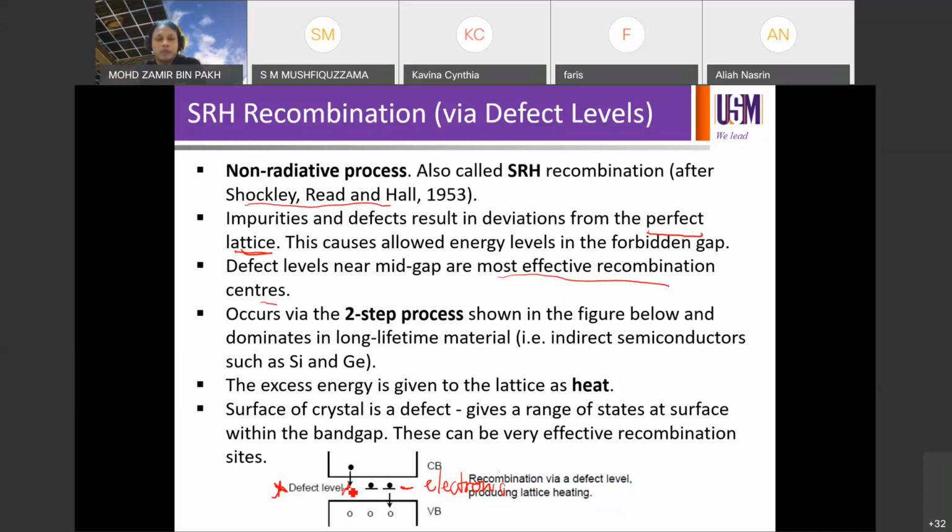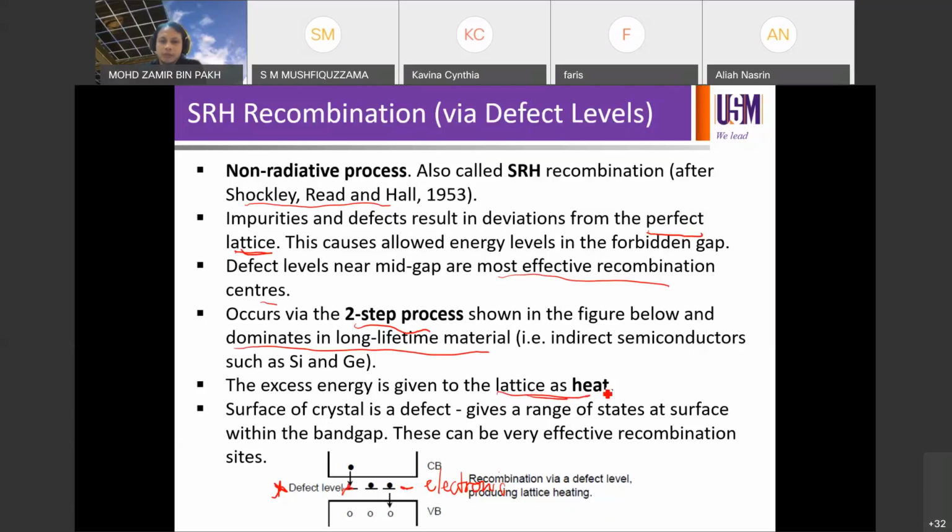Shockley-Read-Hall recombination occurs via a two-step process. We've seen last time in the animation where your electron drops to the trap state and then eventually drops to the valence band hole. It dominates in long lifetime material, and we're going to learn about the concept of lifetime after this. The excess energy due to SRH recombination is given to the lattice as heat.